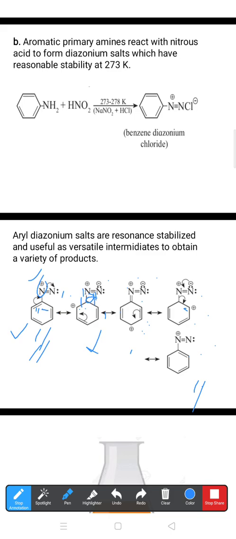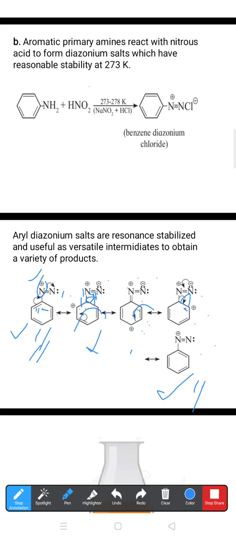These are different by means of resonance stability. In the first structure, the double bonds of the benzene, or of aromatic compounds, are like this: one, two, three. And by shifting this one, this one, and this one, by shifting such types of electrons, we get the last final structure. It is N plus triple bond N with the benzene ring.